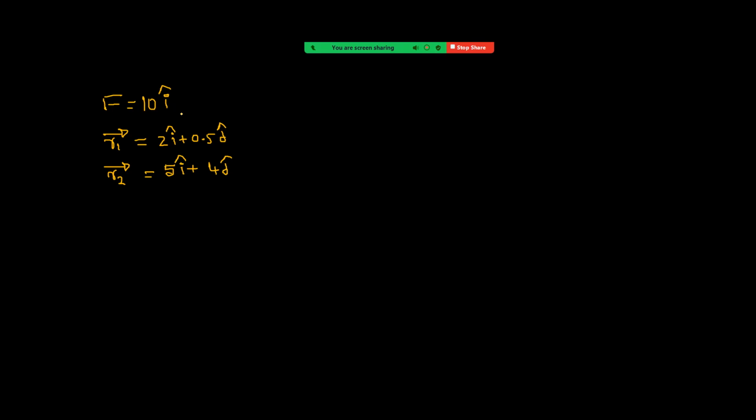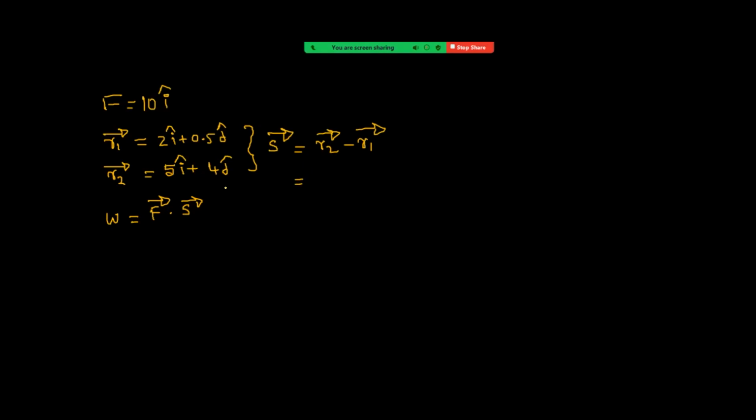So here force is a constant, so we can take directly W equal to F bar dot S bar. And from this, we can calculate S bar. S bar equal to R2 bar minus R1 bar, that is the displacement vector.